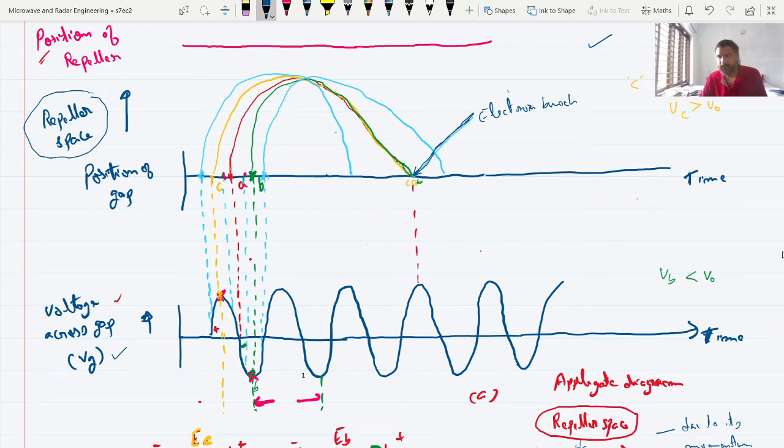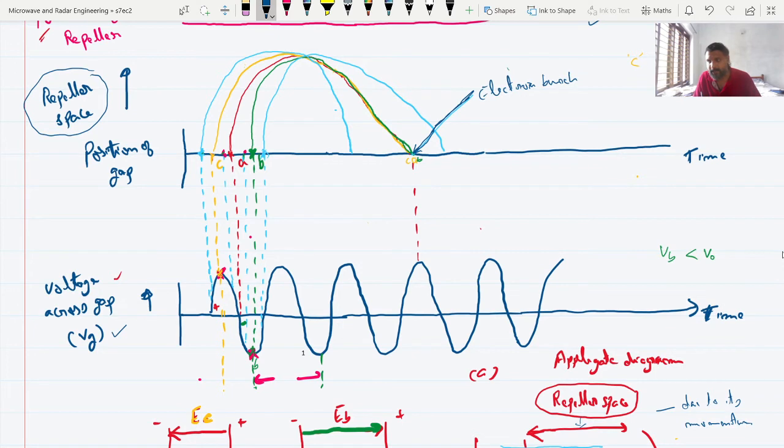So the bunching limit is from positive maximum to negative maximum of the RF voltage, and it will occur only once in a cycle.